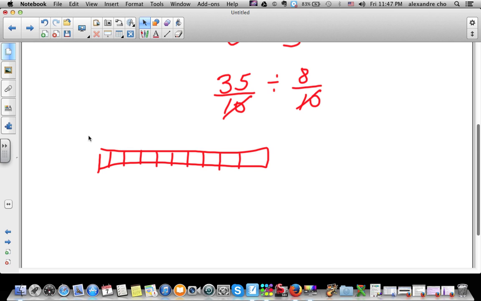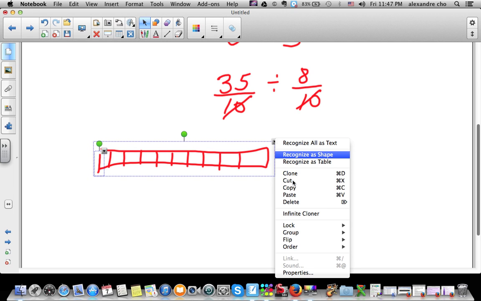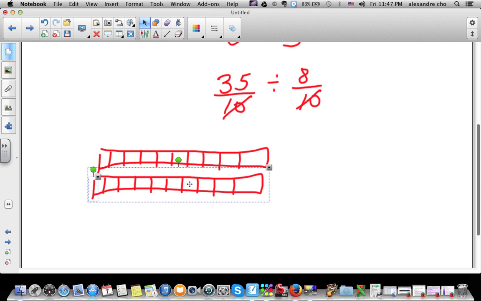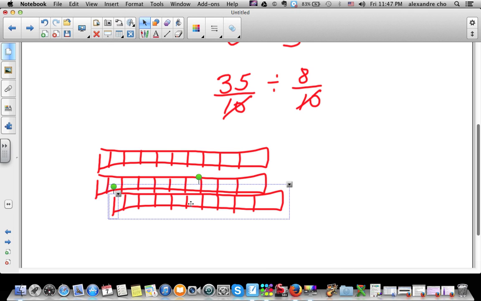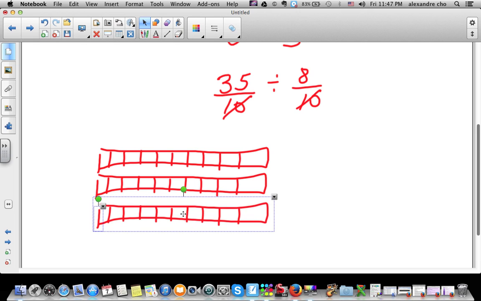And I'm going to take a shortcut here because my drawing skills are horrible. I'll clone that, and that's another 10 pieces. I'll clone that. So now I have 30 pieces that are 1/10 each.